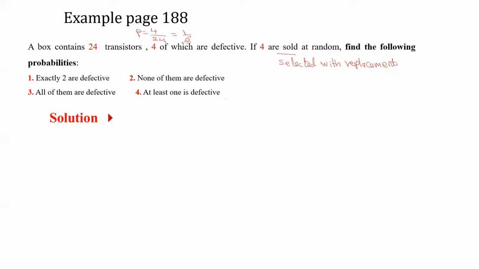This is the second condition. Third condition, n should be known and fixed. Fourth, the trials should be independent, and this makes the trials independent.